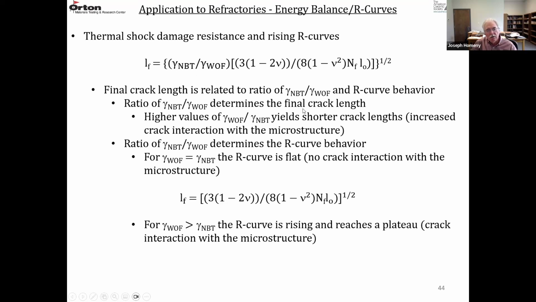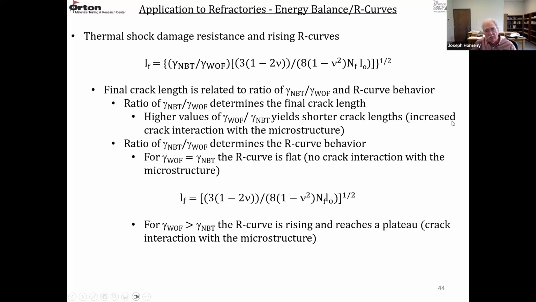This ratio determines the final crack length. High values of the inverse of this, gamma WF over gamma NBT, yield shorter crack lengths. So the higher this surface energy, gamma WF, the lower the final crack length.